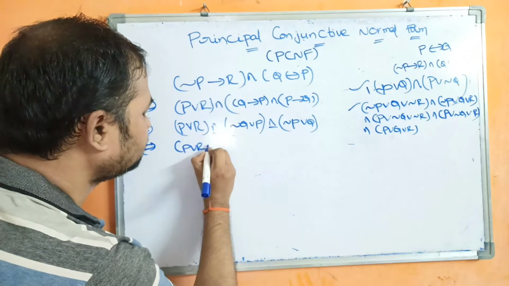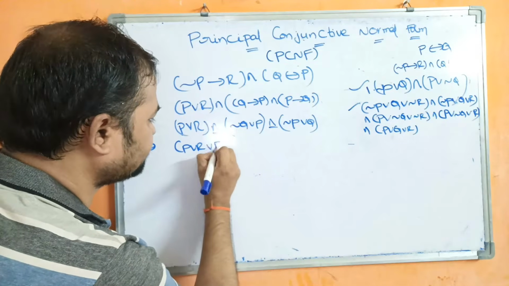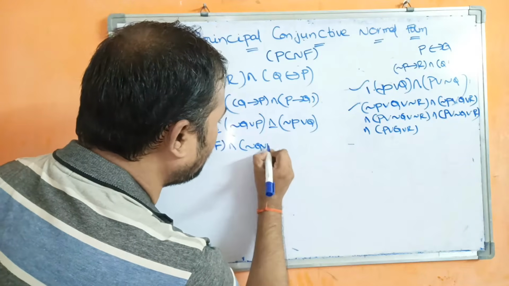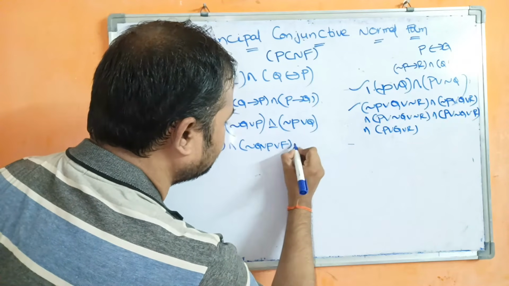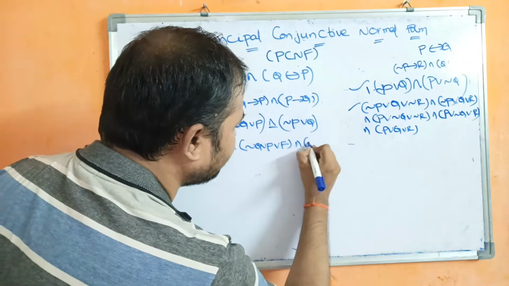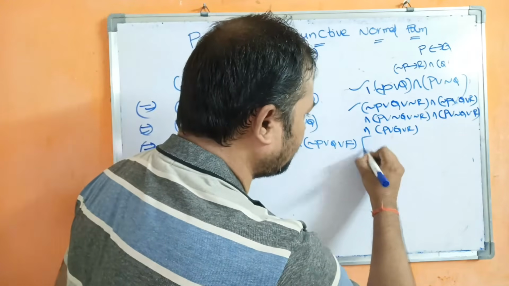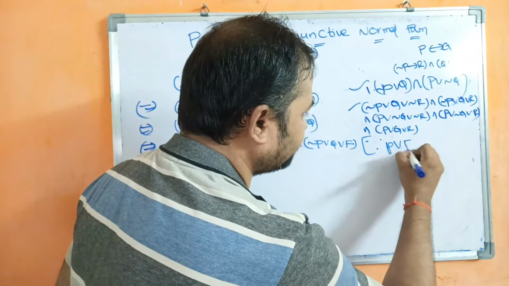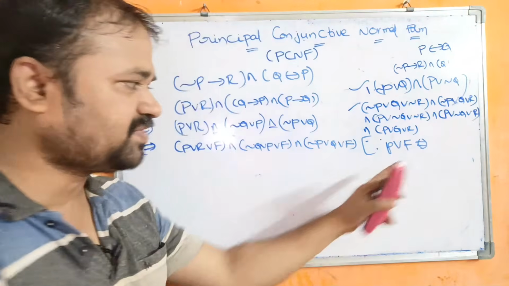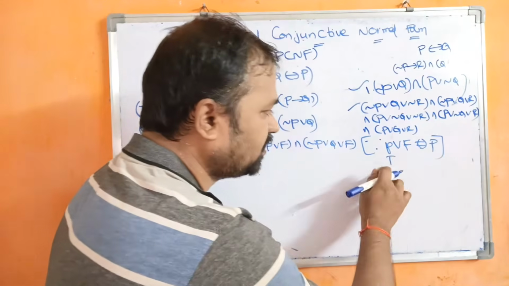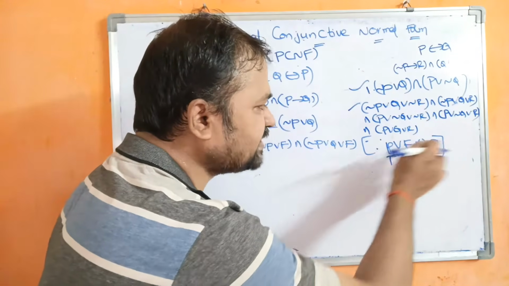So this can be written as P or R or false, and this can be written as negation Q or P or false, and this can be written as negation P or Q or false. Why? Because we have the formula P or false. If you perform the OR false operation on a proposition, we will get that proposition only. Why? Because if P is true, P or false is true, which is P's value.